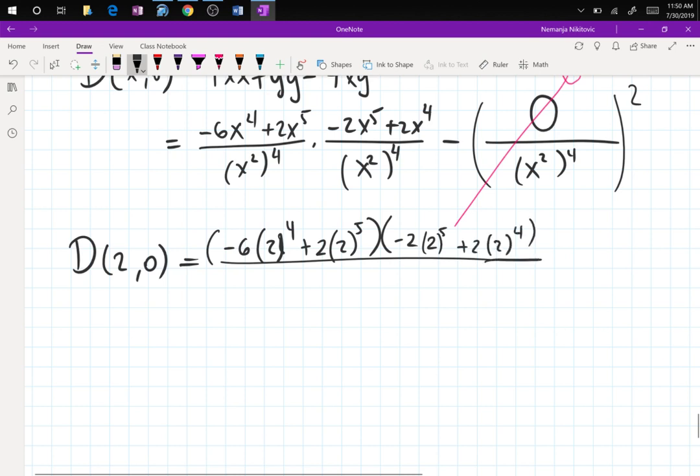Everything divided by 2 squared, that's 4 to the 4 times 4 to the 4. And then we'll just cancel a whole bunch of stuff. We don't have to compute all of these.